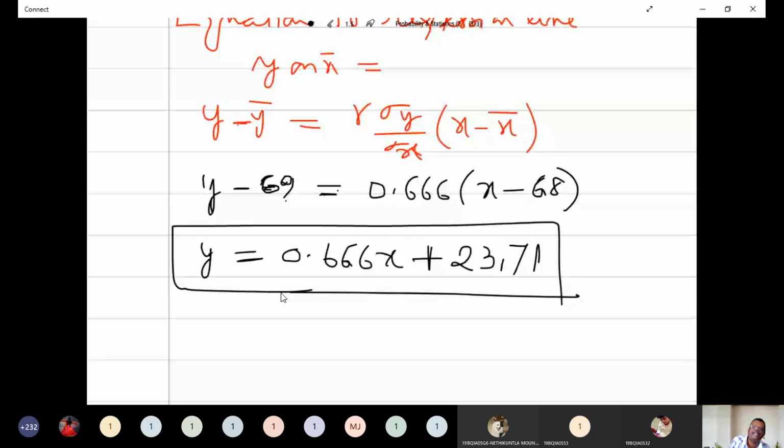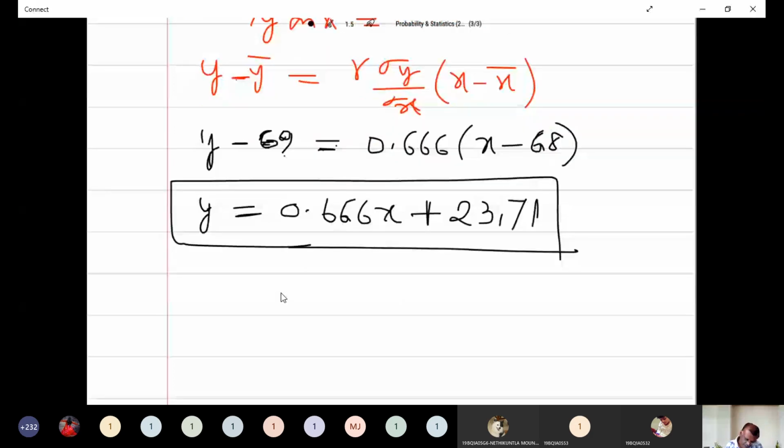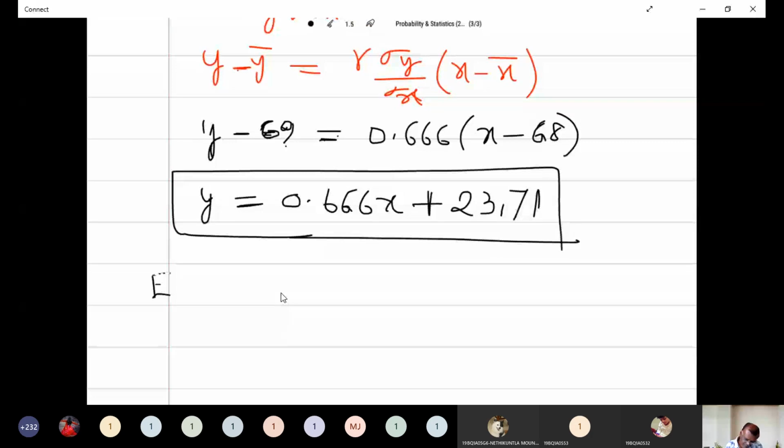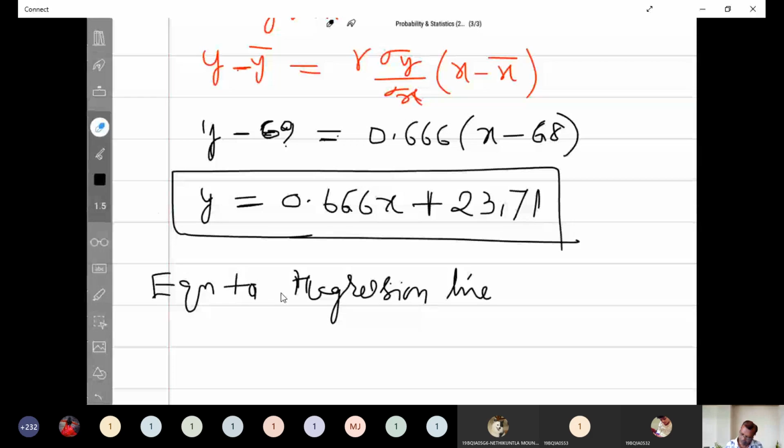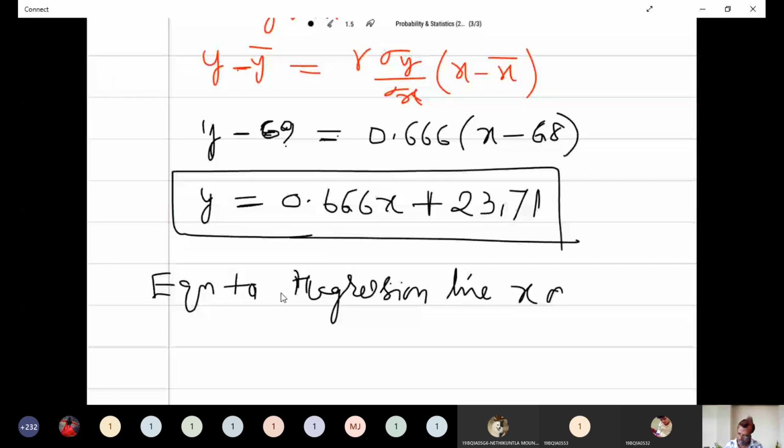Similarly, we can find the equation to the regression line x on y.